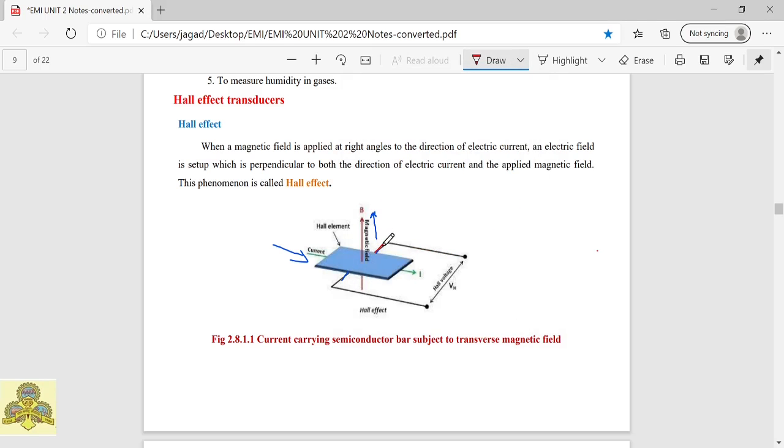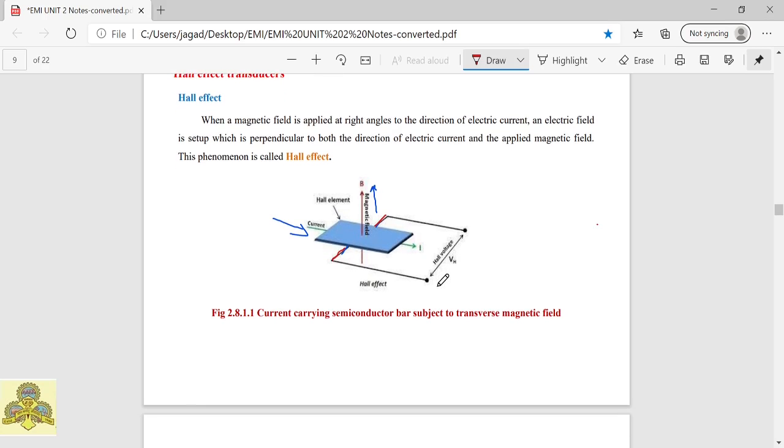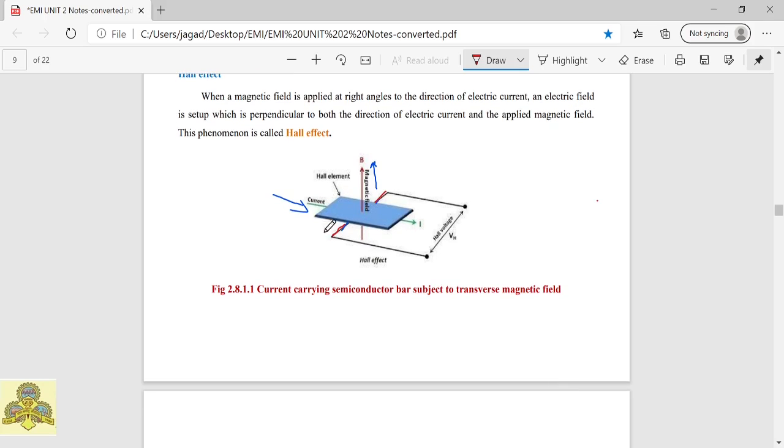At this end and at this end there is a potential difference developed due to the applied magnetic field, because this is the conductor. So current flowing in this direction, when we put a magnetic field perpendicular to the flow of current, there is a potential difference at the end of the plate. So this is the principle working of a Hall effect.